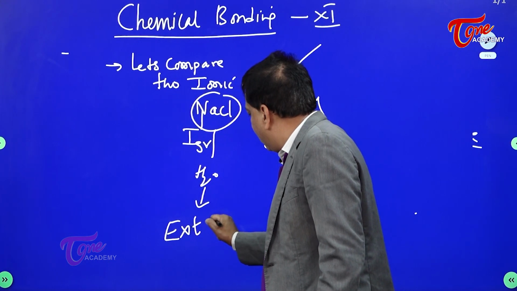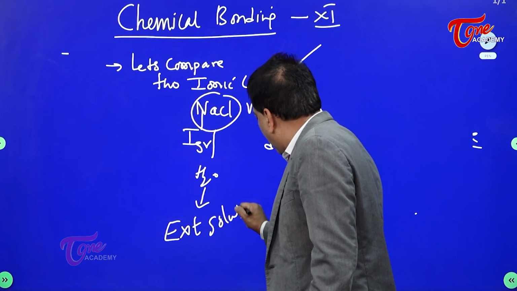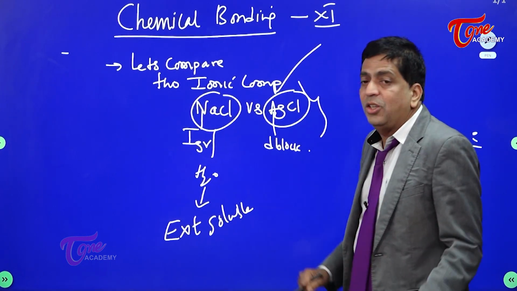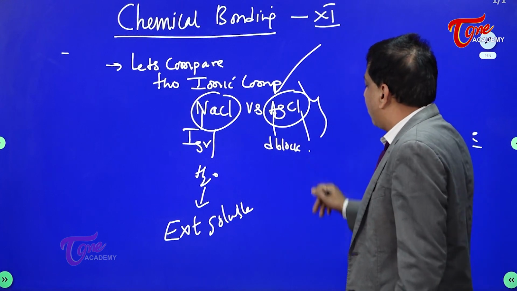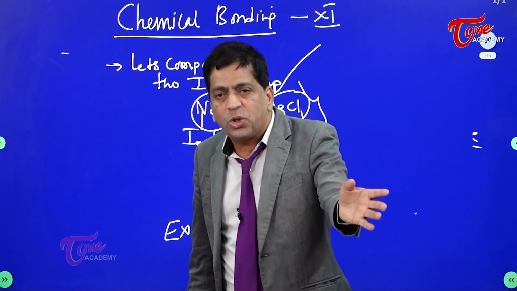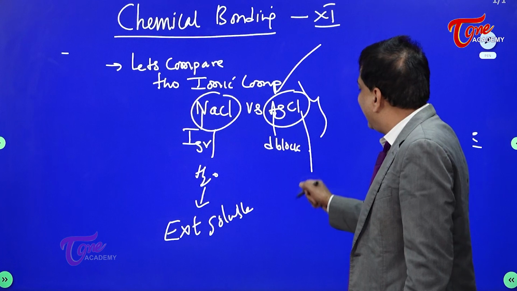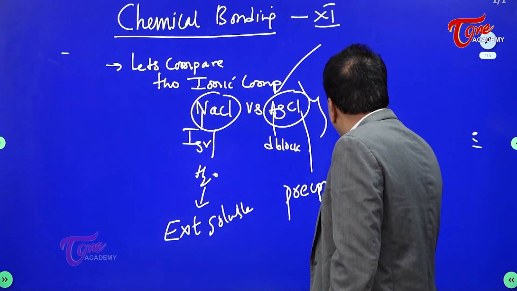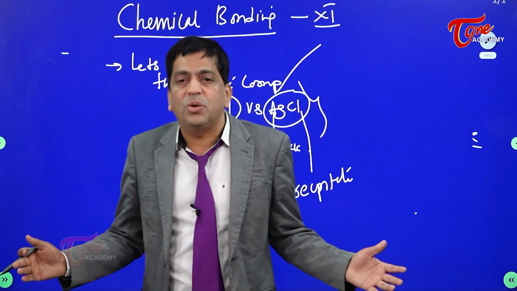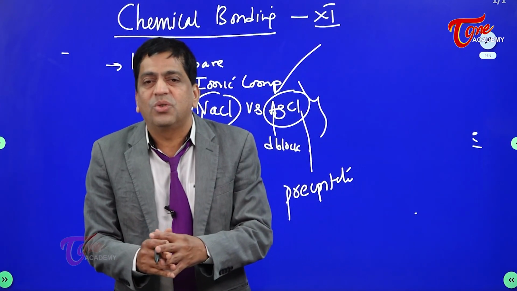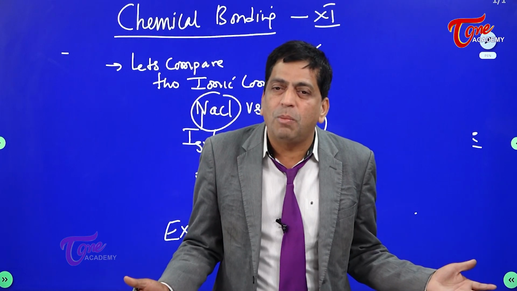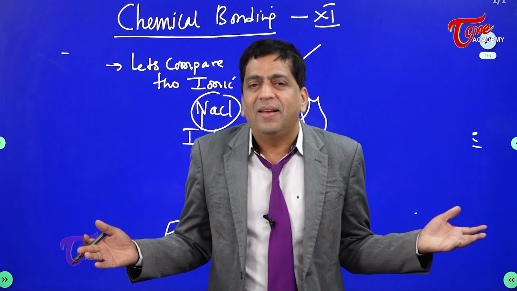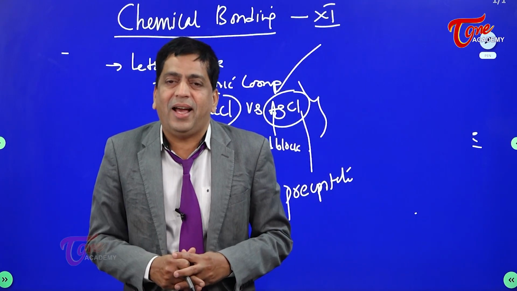And this compound AgCl, forget about solubility, this is basically a precipitate, you must understand. So both are ionic compounds, but one is extremely soluble in water, the other is insoluble in water and is a precipitate.